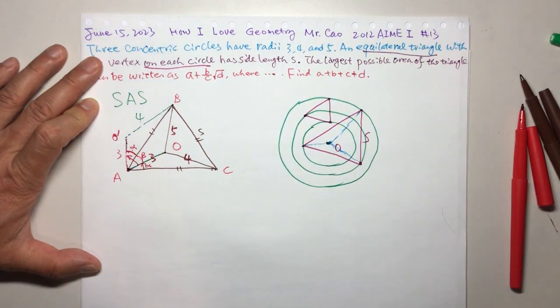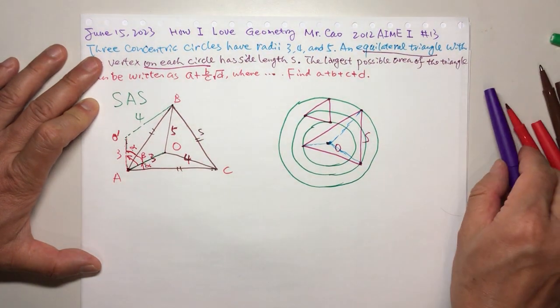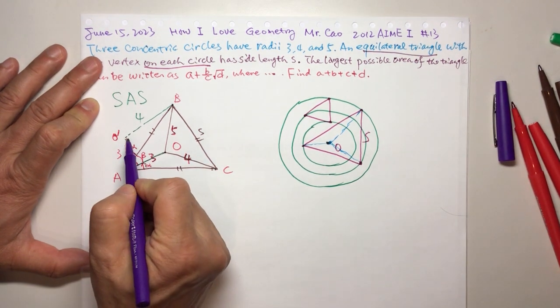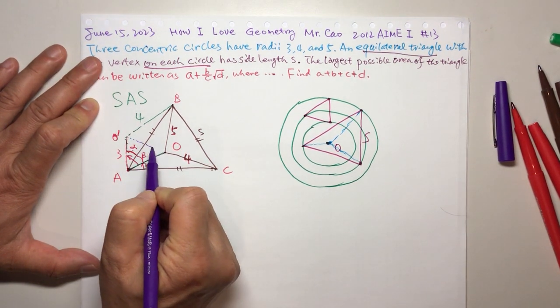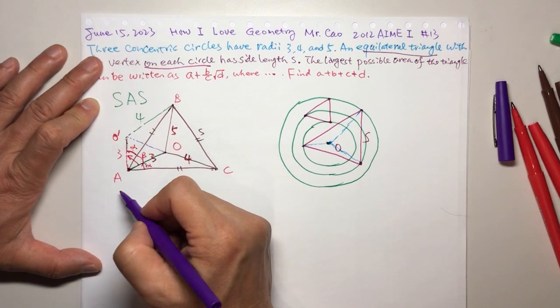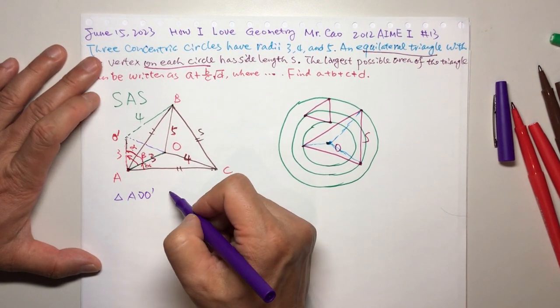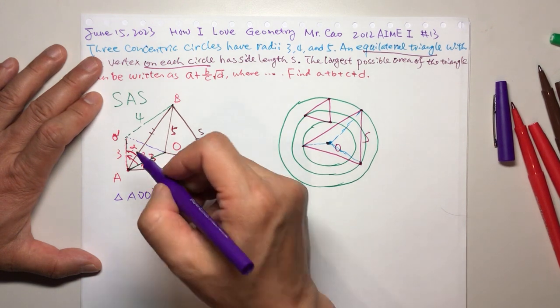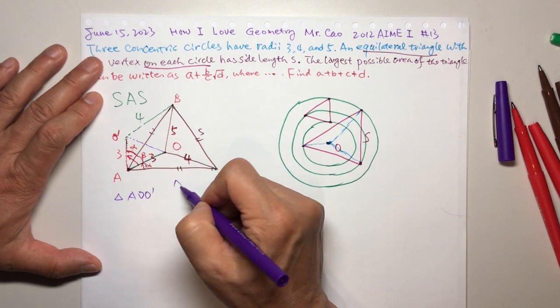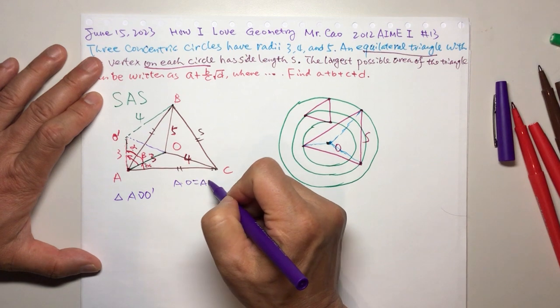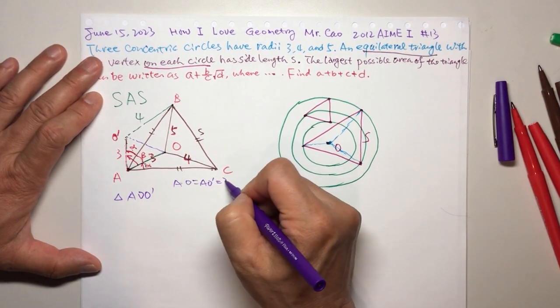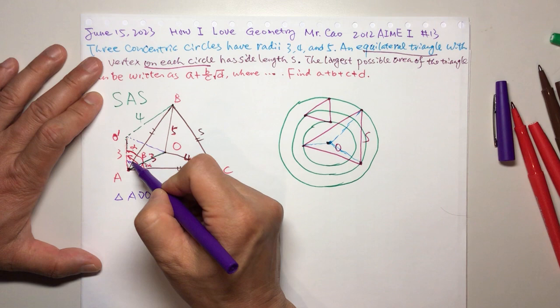And if we connect O prime and O, now this triangle AOO prime is an equilateral triangle, because AO equals AO prime, all of them are 3, and this angle is 60 degrees.